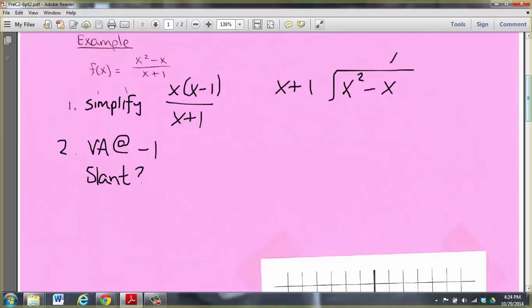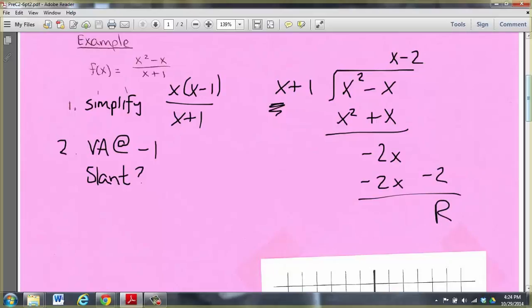So first we'd multiply by x, and then we would end up with a negative 2x. Now this x right here can still go into negative 2x. We would multiply by a negative 2. And in doing so, we have a remainder over here, but it doesn't matter.